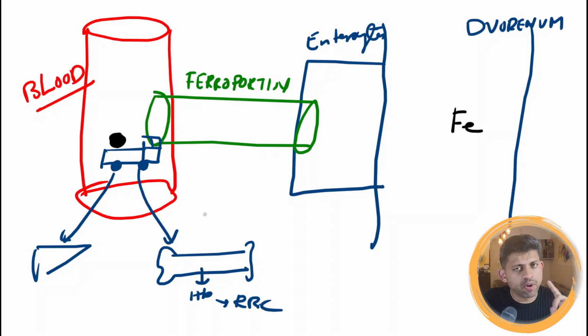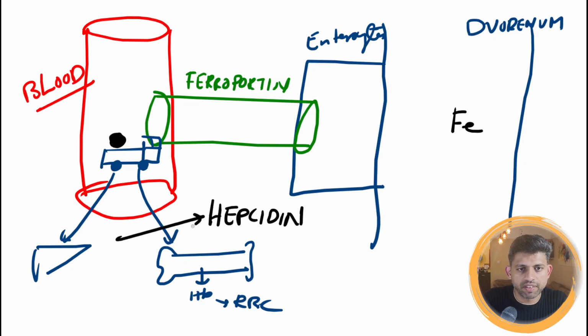Body has only one method of regulating iron metabolism, that is hepcidin, which is produced by the liver. Hepcidin inhibits and sort of destroys ferroportin, thereby preventing the dietary iron from entering the circulation.